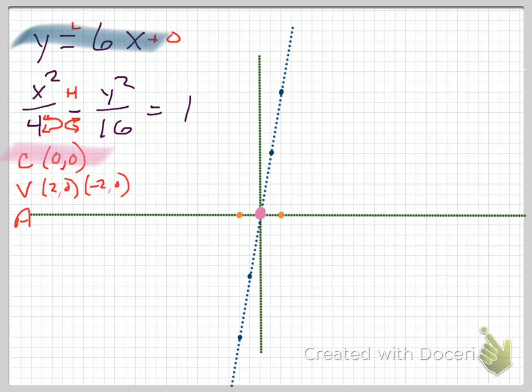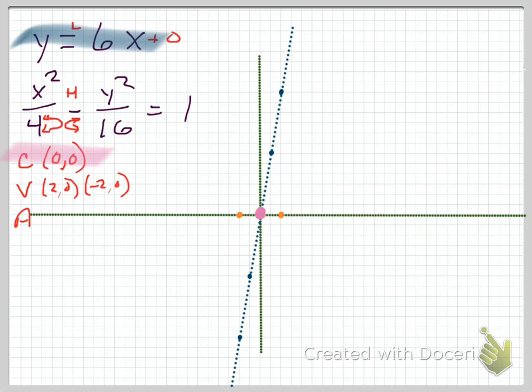That's 2 and negative 2, because a squared is the first denominator. And we talked about yesterday how the vertices are a away from the center. So it's going to be 2 and negative 2 away. So there's where your hyperbolas are going to originate from.